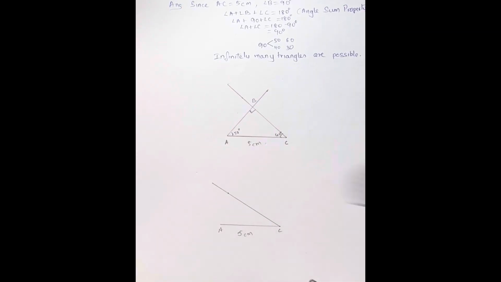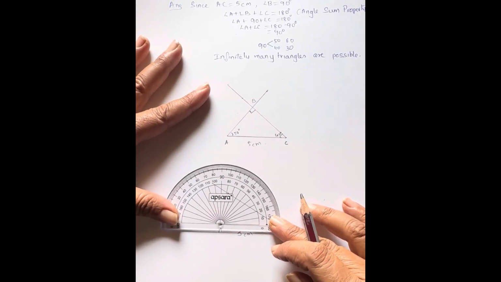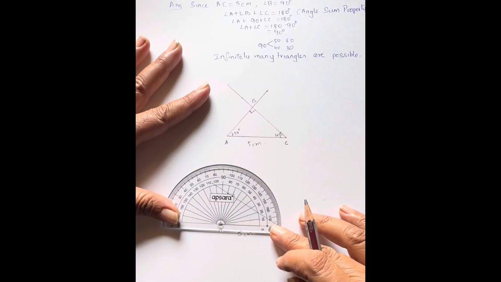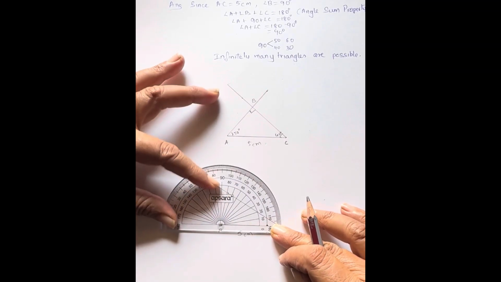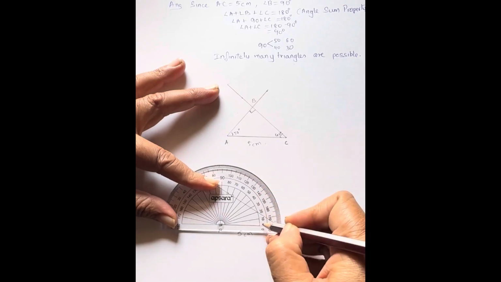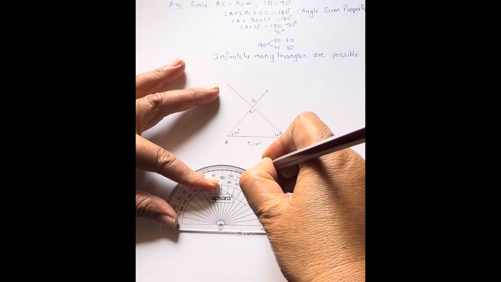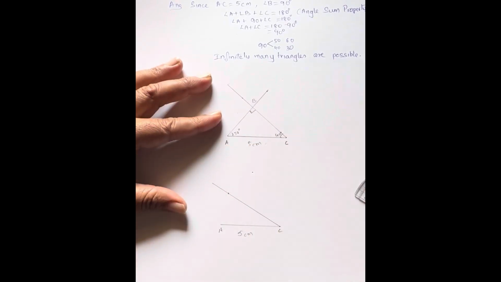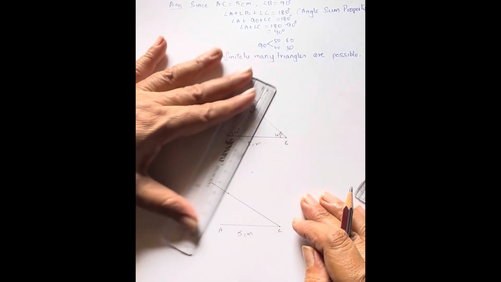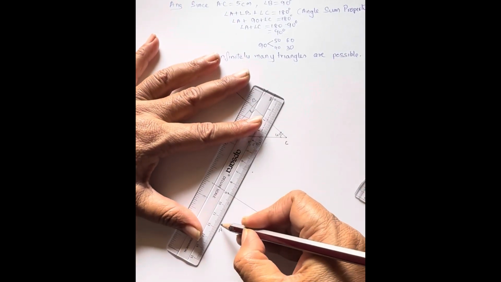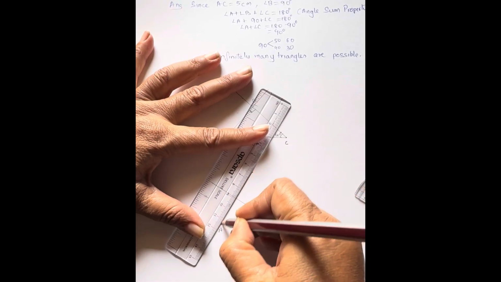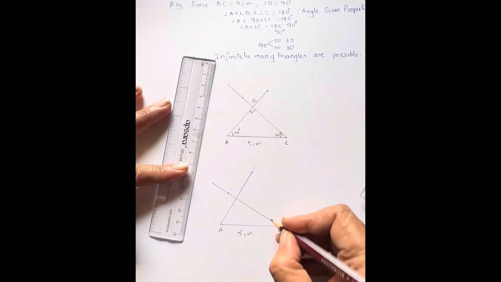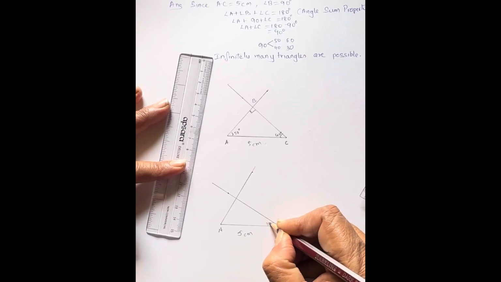Then at point A, we take 60 degree. Here we will see the inner scale. And now join these 2 points. Right, so this is 30 degree.